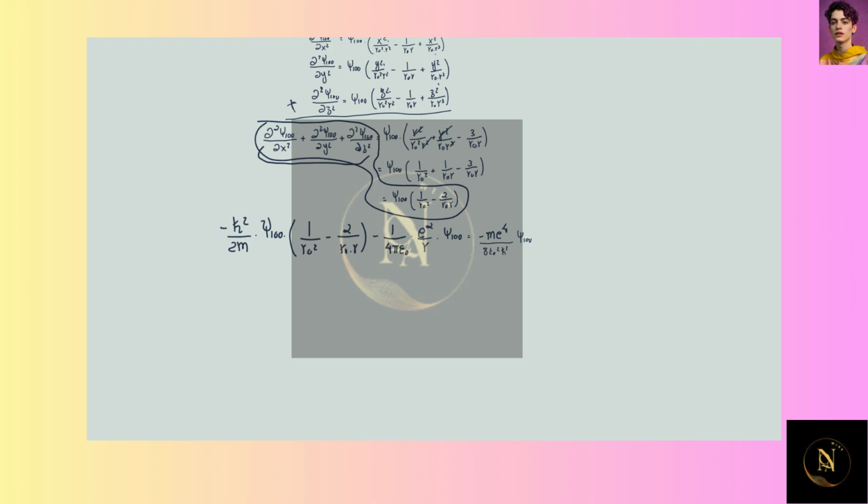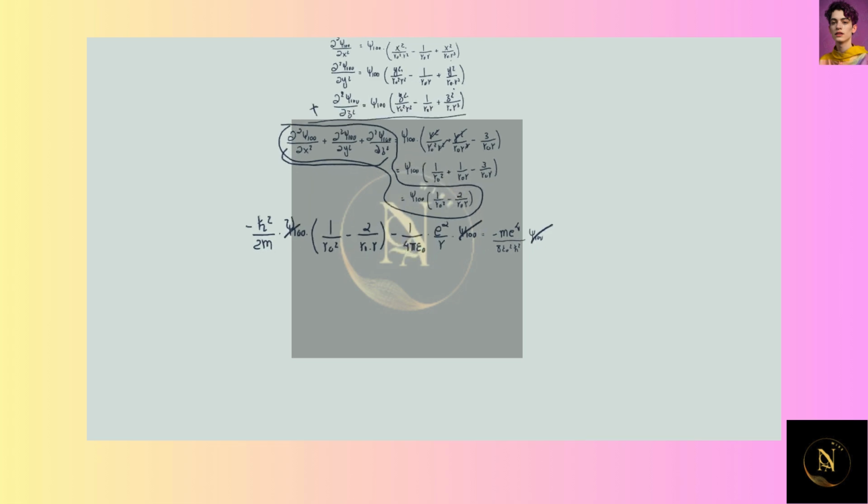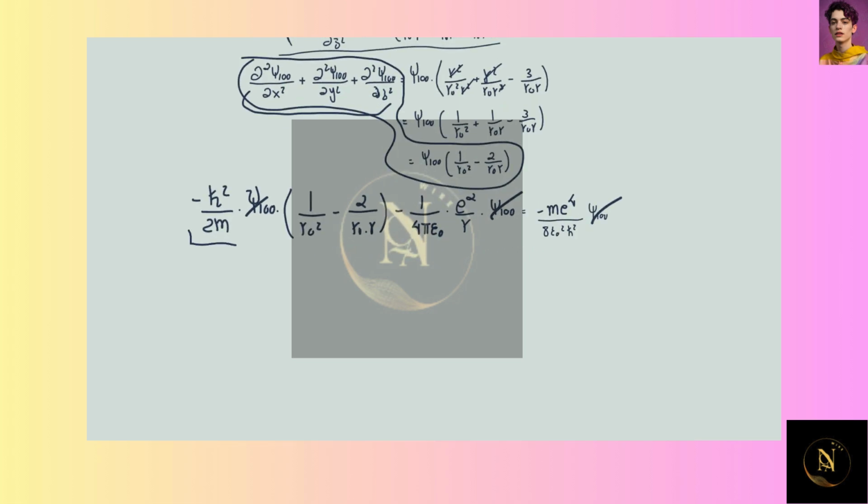So all these psi 1,0,0 factors will cancel out, and we should get that the left side is equal to the right side.